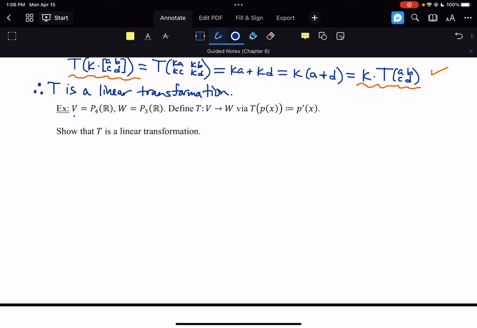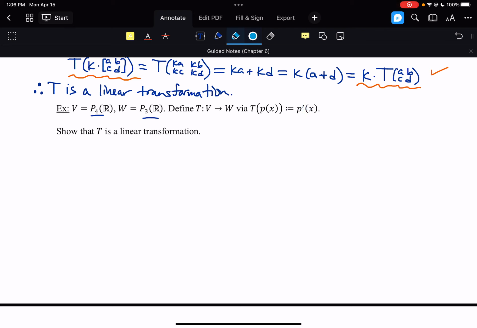So for this example, we're going from V to W, so from P4 to P3. So these are polynomials of degree 4 or less being transformed into polynomials of degree 3 or less via the transformation T of p of x equal to p prime of x. So basically, we're using the derivative as a transformation here.